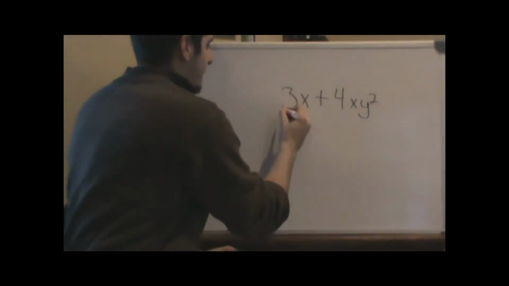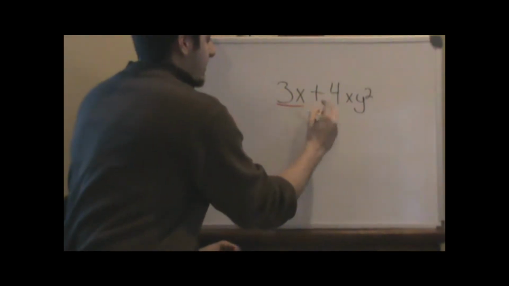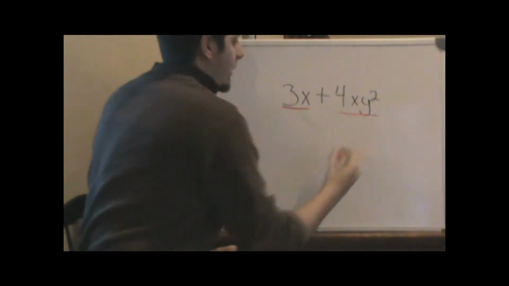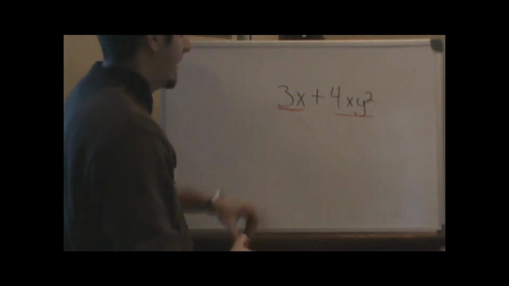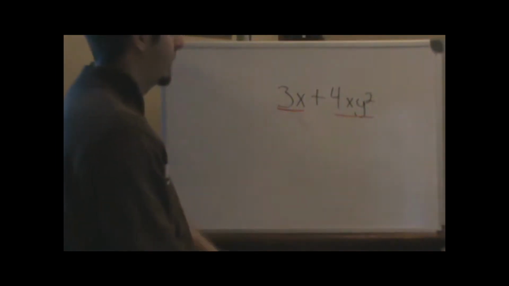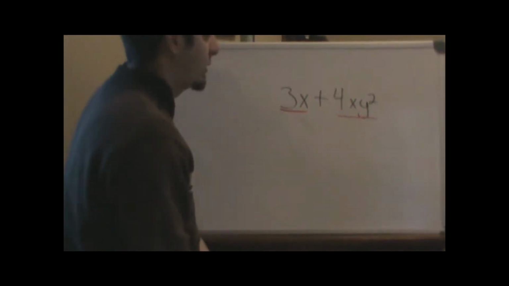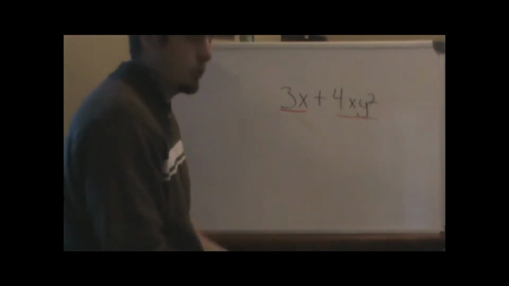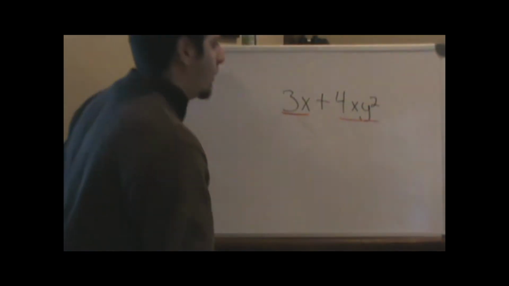So here we have 3x plus 4xy squared. That means I am adding 3x, so it is a term. I am adding 4xy squared, so it can also be considered a term. It is something that can be added or subtracted.